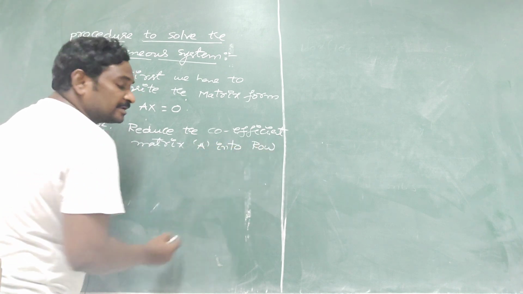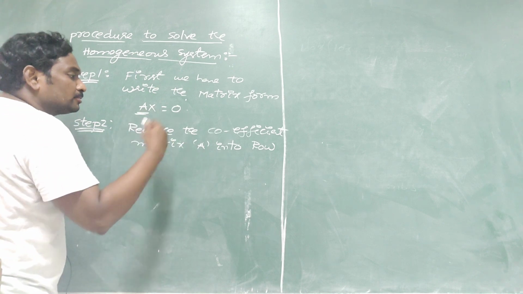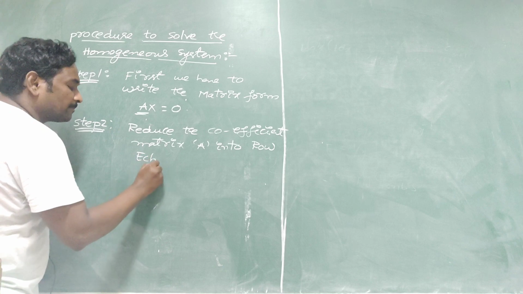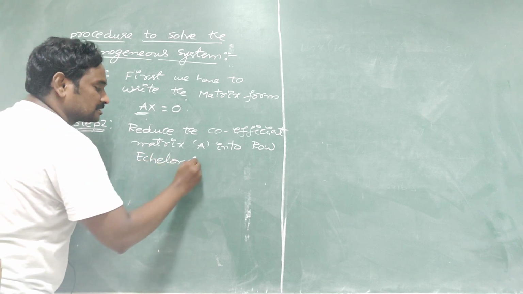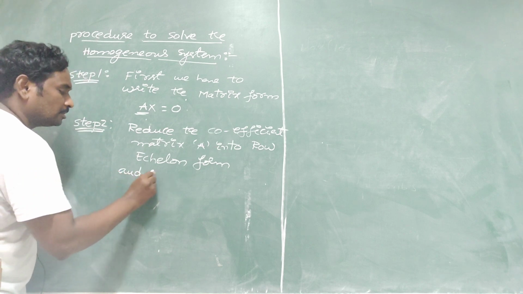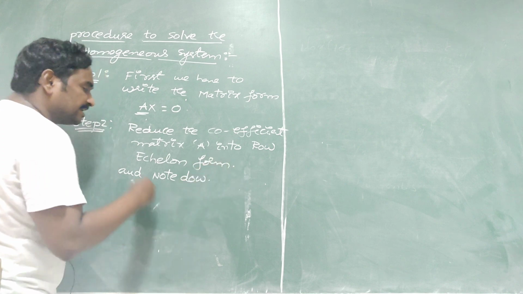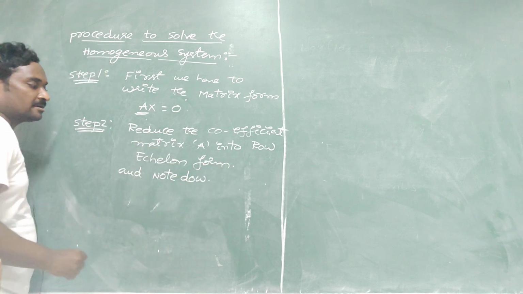It means that by using only row operations we have to reduce the coefficient matrix A into echelon form. Don't apply column operations. And we have to note down the rank of A. The purpose of getting echelon form is to get the rank.